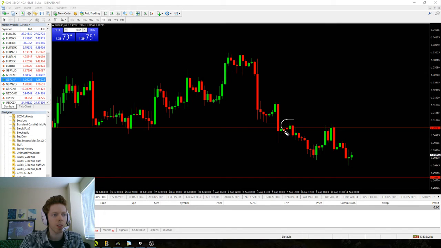You can't just hope and pray that the pound US dollar is going to magically go back up to this level. That's a 100 pip jump back up. But let's say that you entered there and you entered here and it decided that it was going to bounce up. Now you're in a much better position because you only need a retracement back up here to come out at break even.